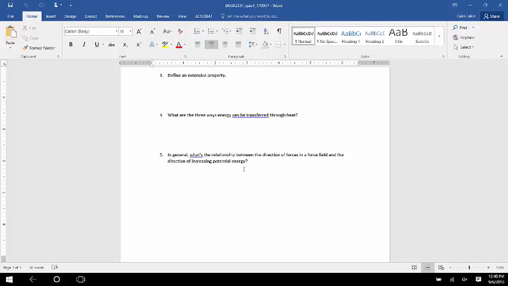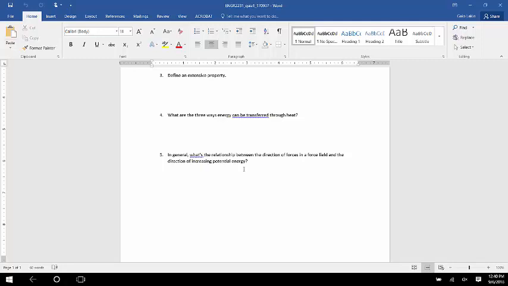What's the relationship between the direction of forces and increasing potential energy? Okay, so starting here, which way do I have to move the stapler to cause an increase in potential energy? Up, yeah, because the gravitational potential energy function is mgh, so you have to increase h. So up increases potential energy.